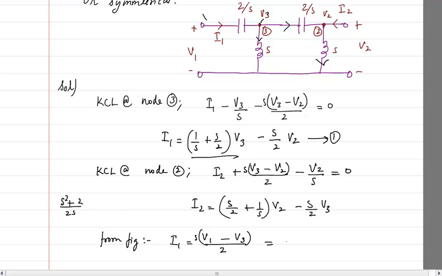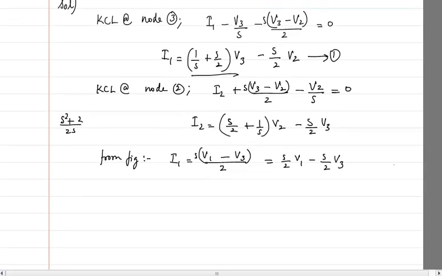So I can write this as I1 is equal to S/2 V1 minus S/2 V3. So this one was my equation number 2, this I am going to write as equation number 3. So you can see equation number 1 and equation number 2 are the same, correct? And this has V1, V2, V3.